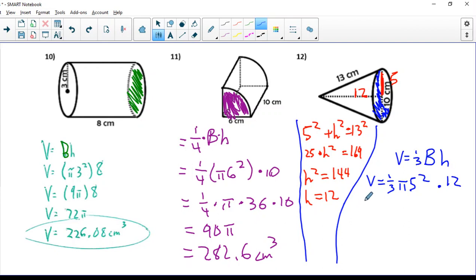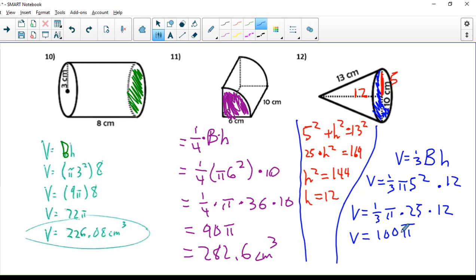5 times 5 is 25. So I'm doing 1/3 times pi times 25 times 12. So definitely a lot of stuff here to multiply together. If I do 25 times 12 divided by 3, I just get 100. And then bring down the pi.